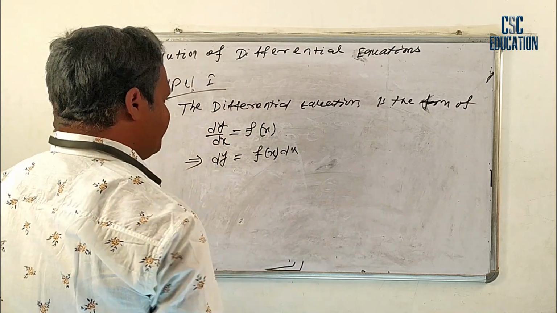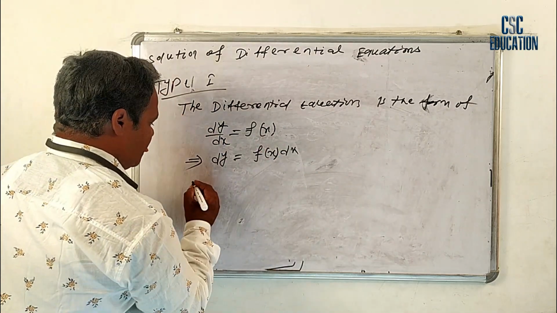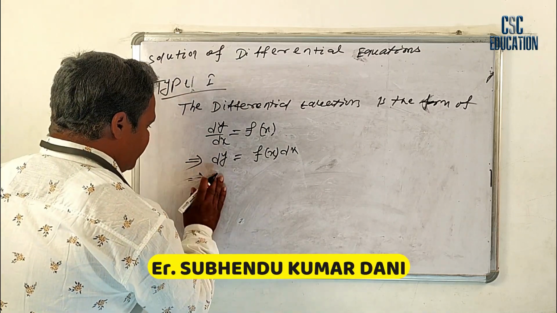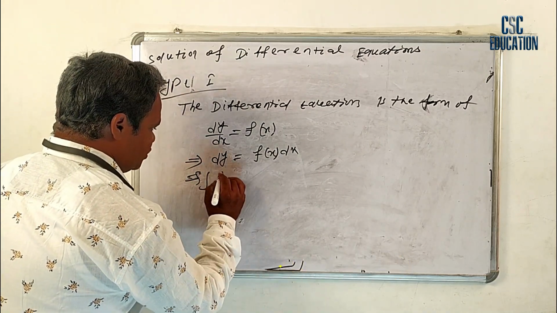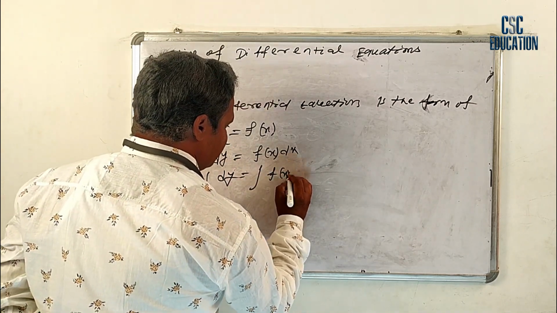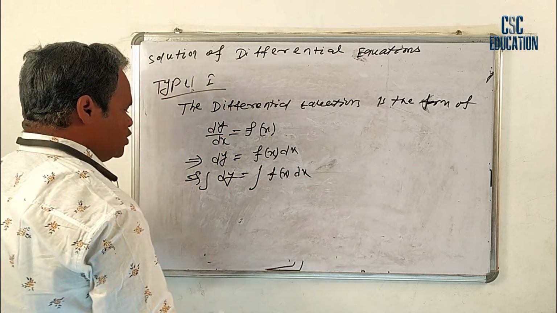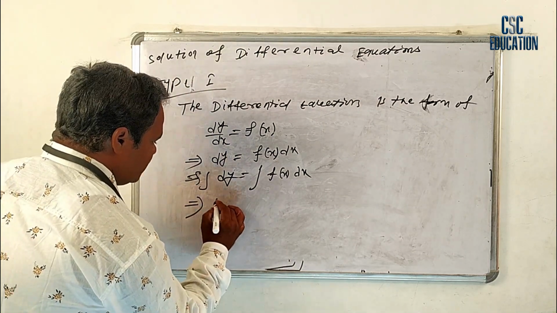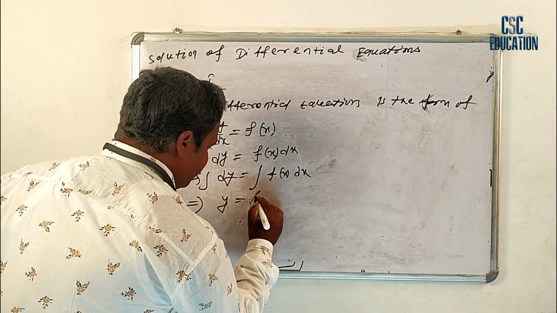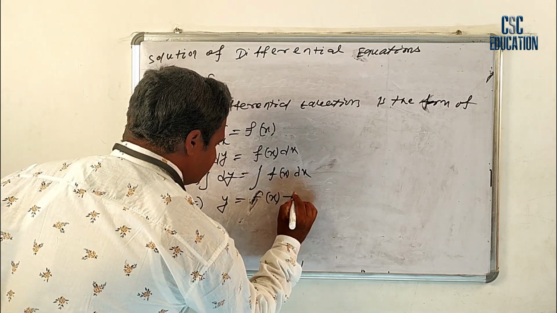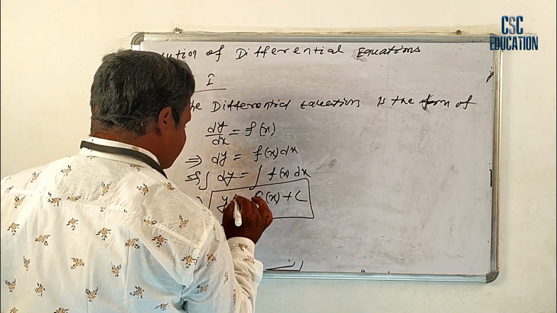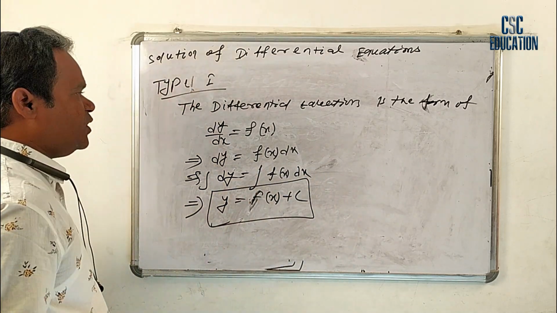Now dy equals f of x dx. Now integrating both sides, dy equals the integration of f of x dx. So the solution is y equals capital F of x plus c. That is the general solution of the differential equation.